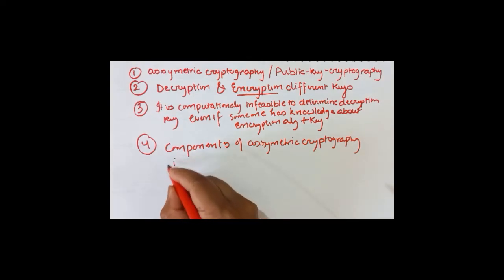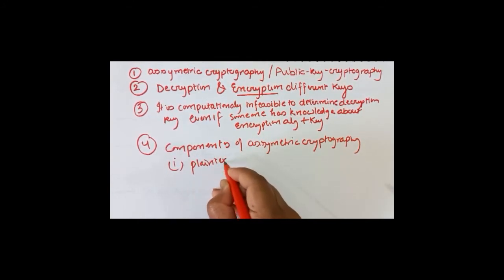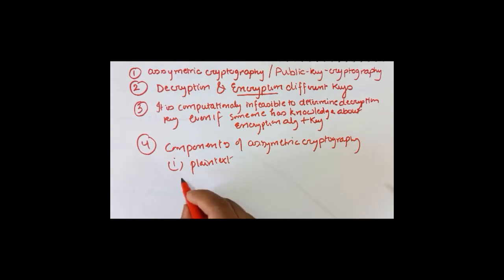The first component is the plain text. All of us know the plain text is the usual text in which we communicate. The second part is the encryption algorithm.